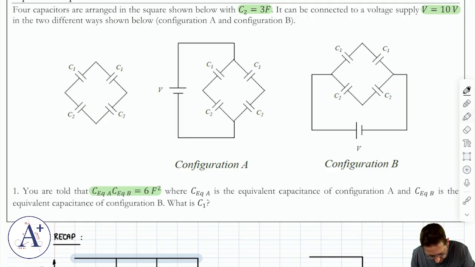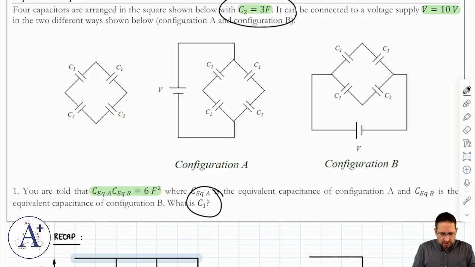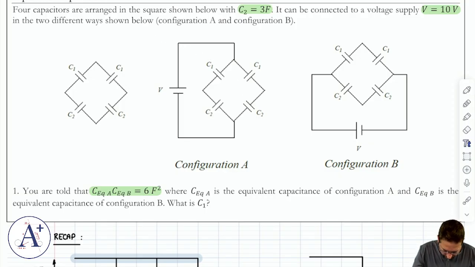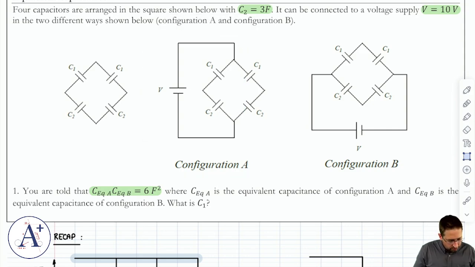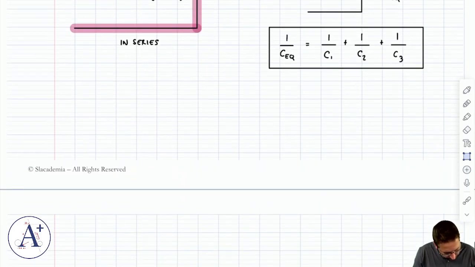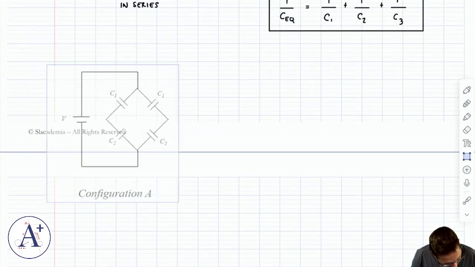Can we figure out what C1 is, because we know C2? And of course, to do that, we will find C equivalent A and C equivalent B. Okay, so let's start with configuration A, and then we'll do configuration B. We're going to try to find C1. Okay, so configuration A.